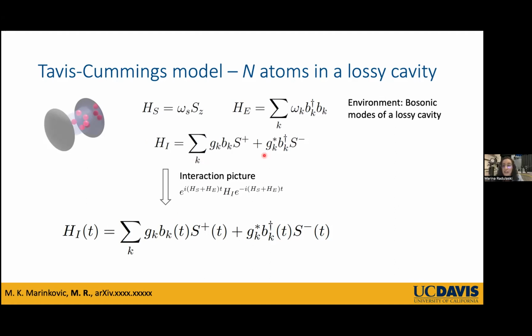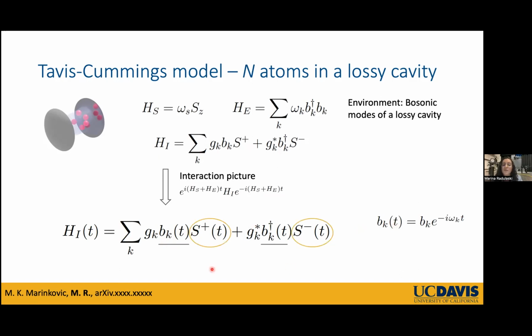Okay, so in our next step, we want to convert the interaction Hamiltonian into the interaction picture by sandwiching it with these exponents. And ideally, we want to get to this form where we have the same form of the Hamiltonian, just all of our operators have the time dependence. And so for the B operators, that is easy because it's pretty simple to show that they will have exponential time dependence.